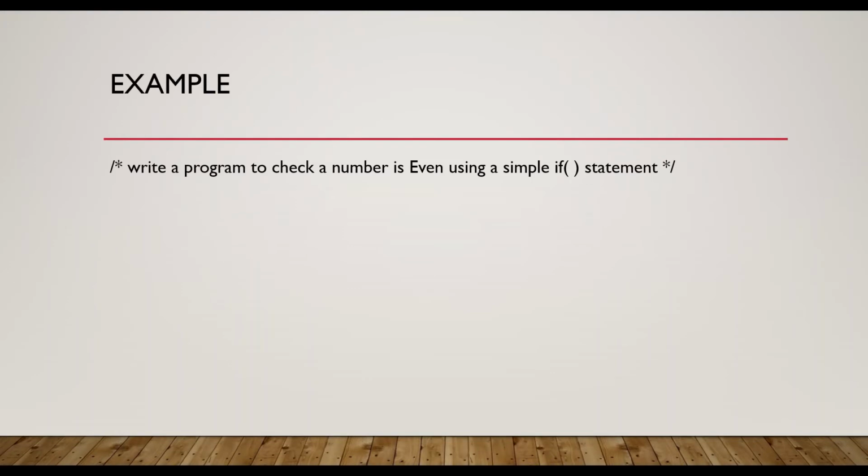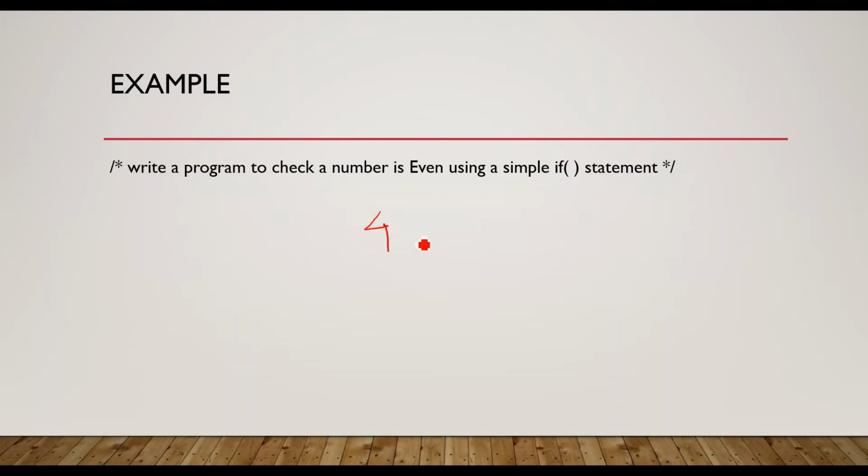Let's do a quick example using the if statement. Here is the example: write a program to check whether a number is even using a simple if statement. Means you have to check whether the number is even or not. For that, how do you know whether the number is even or not? Let's say the number is 4.